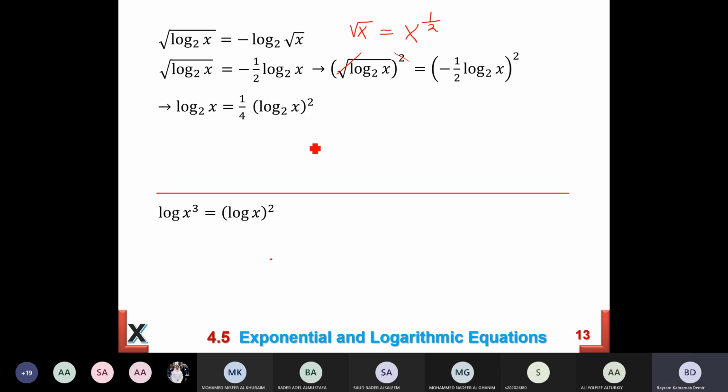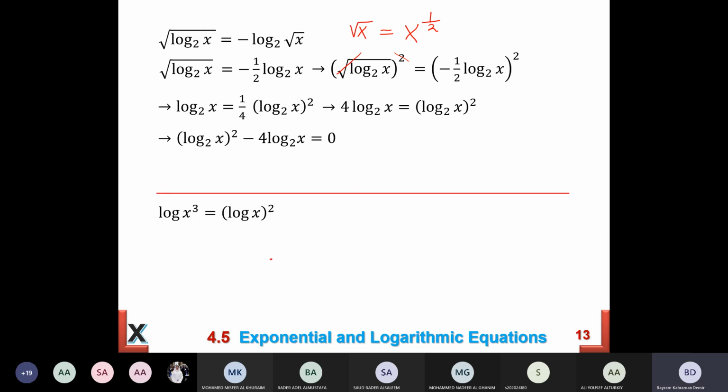All right, square of logarithm x. And then just multiply both sides by 4, right? Both sides multiply by 4. And if you move the 4 logarithm x with base 2 to the other side, you will get logarithm x square minus 4 times logarithm of x equals 0.